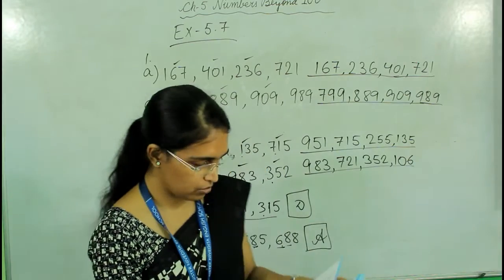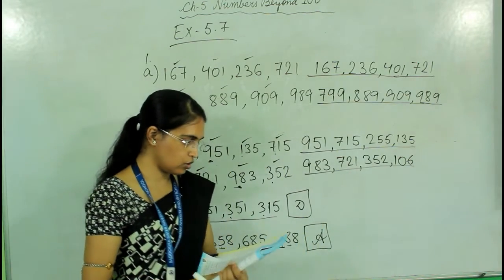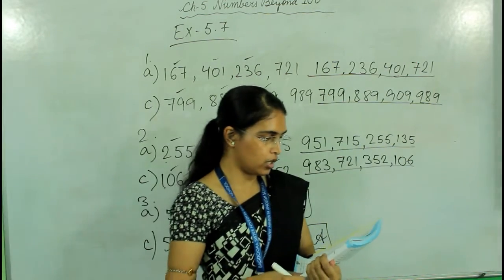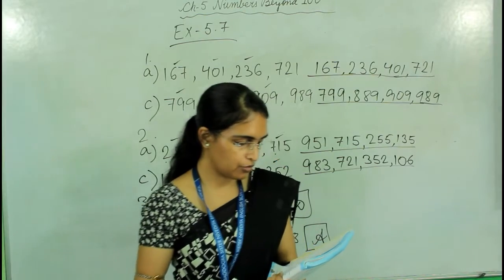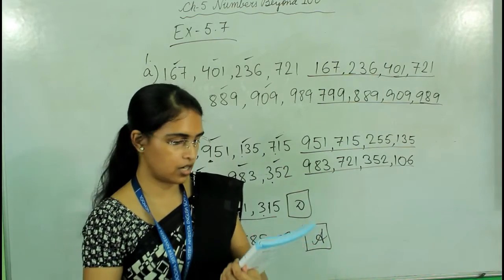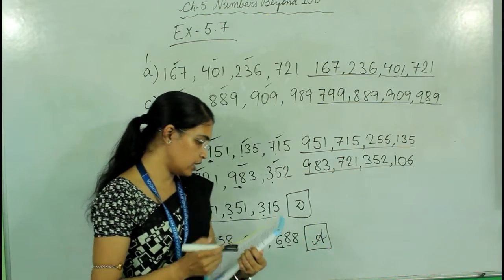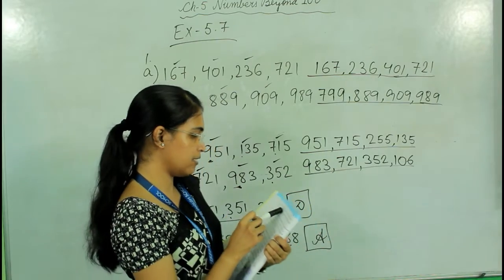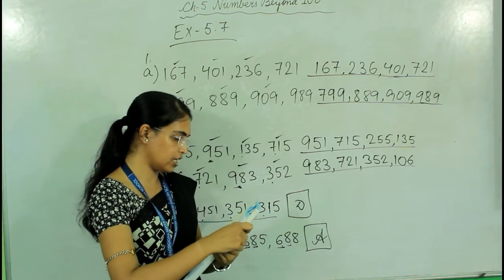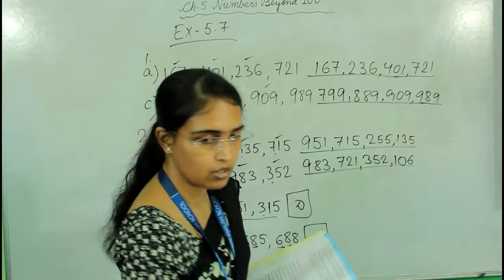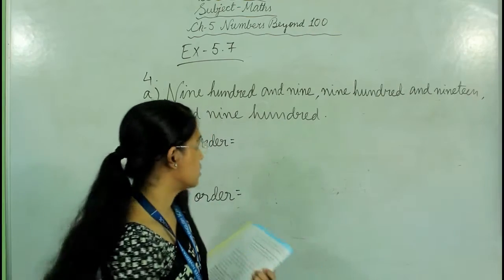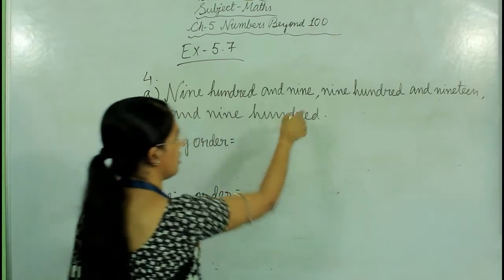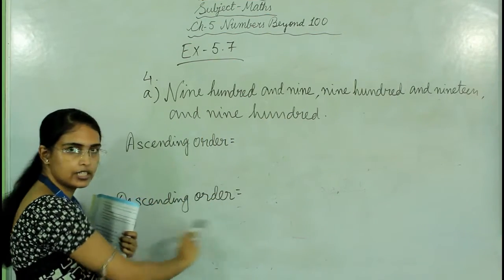Now turn the page, come to the next page. Next question, question number 4. Here you have to arrange the following in ascending and descending order. In the question, number names are written. You have to arrange this number name according to ascending order and descending order.